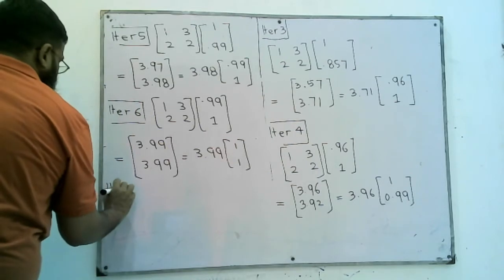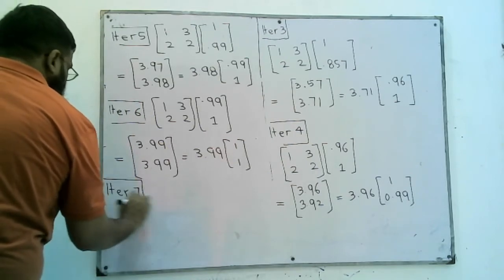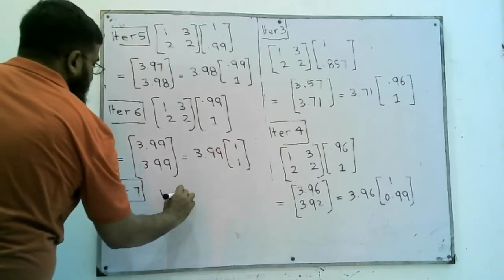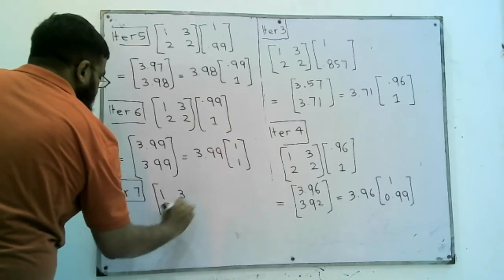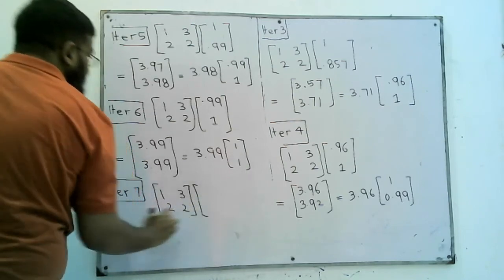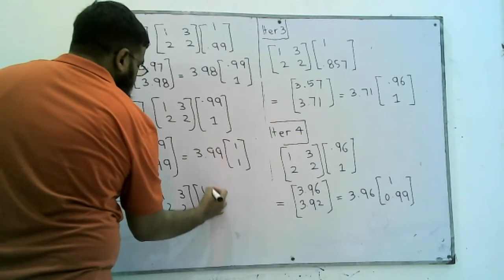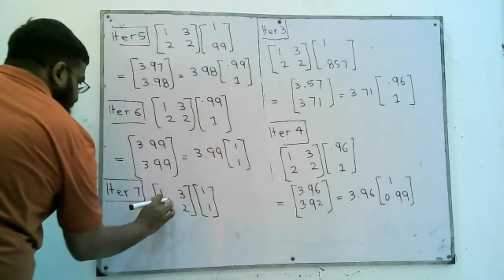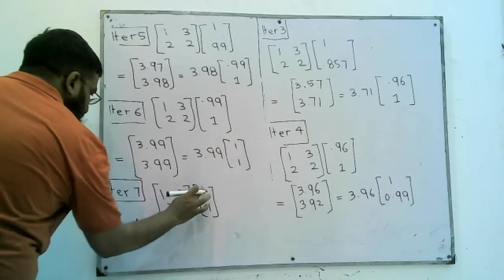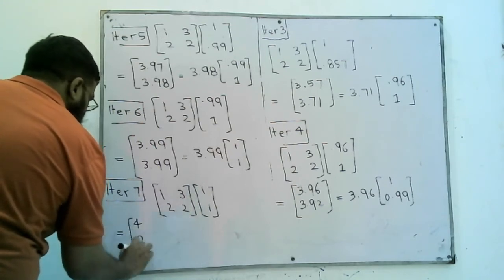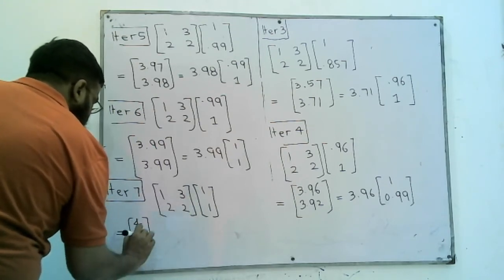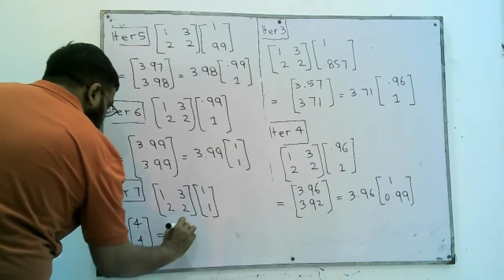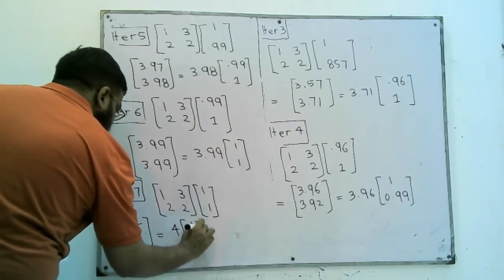Iteration number 7: A multiplied by the vector computed in the last iteration. 1 plus 3 is 4; 2 times 1 plus 2 times 1 is 4. Taking 4 common, this becomes 1.